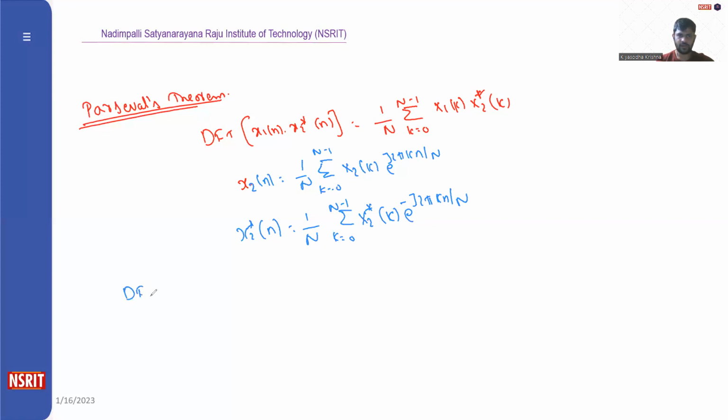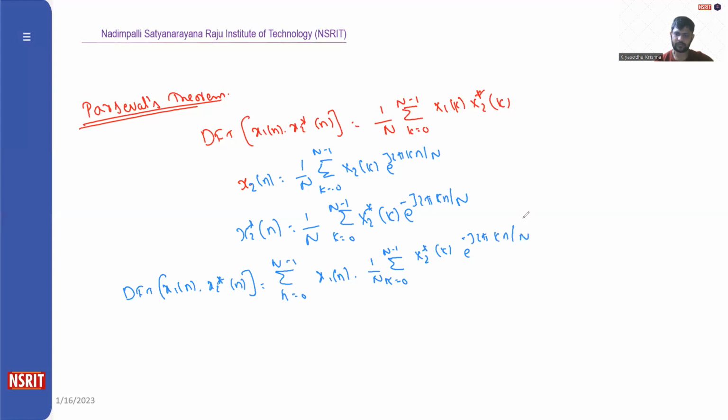Just take the DFT of x1 of n and x2 star of n. So what you will get: summation n equal to 0 to n minus 1 x1 of n, 1 by n summation k equal to 0 to n minus 1 x2 star of k e to the power of minus j 2 pi k n by n. Right. According to that, we can convert what we required.